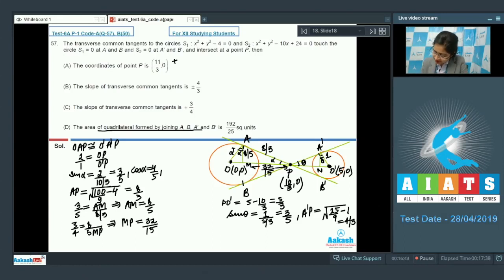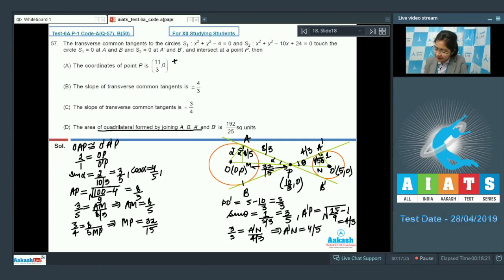So this is the value of A'P, that is 4 upon 3. So in triangle A'PN, let's apply sine theta, that is 3 by 5, will be equal to A'N upon 4 by 3. So the value of A'N will be equal to 4 by 5, right? So its value is 4 by 5.